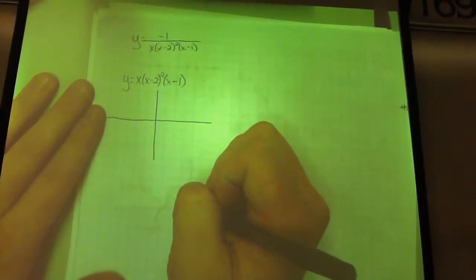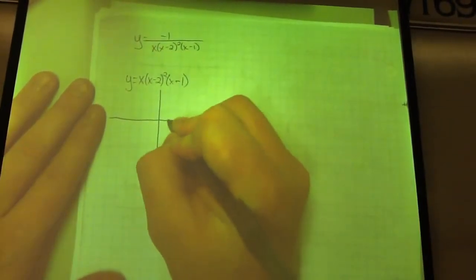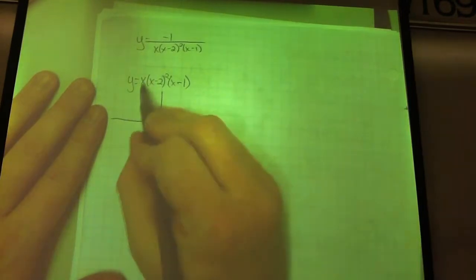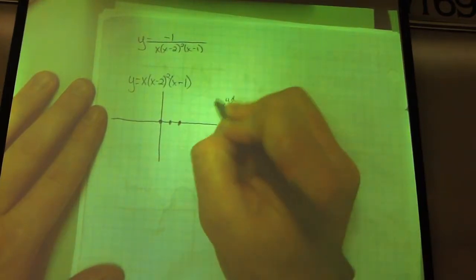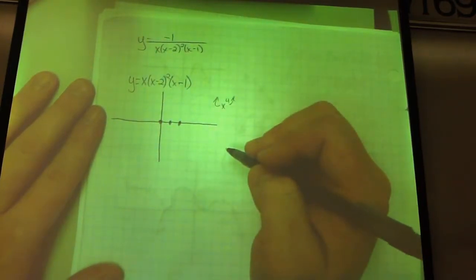What are the x-intercepts? 0, 2 and 1. -2, 1, 0. Yes. And it's x to the 4th, so it's going to be up and up. Hold on. Down, down. I forgot about that negative. When you flip it, it's still negative.